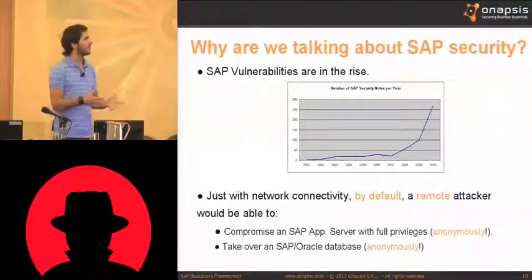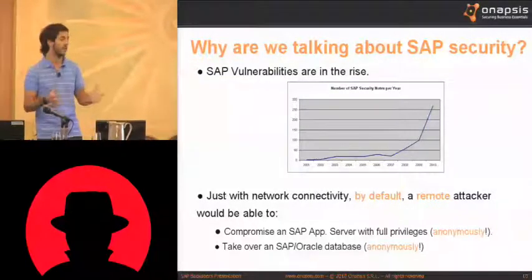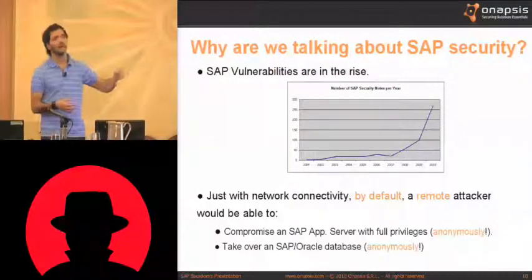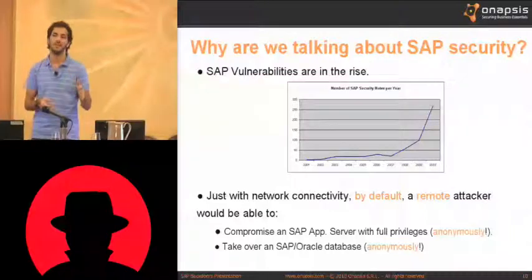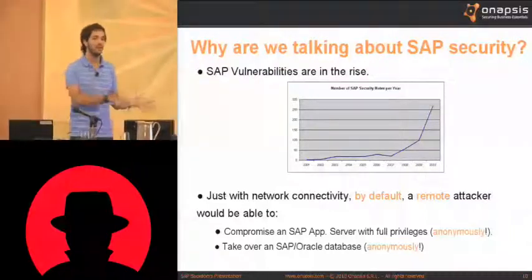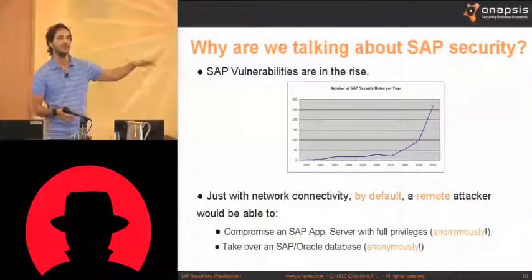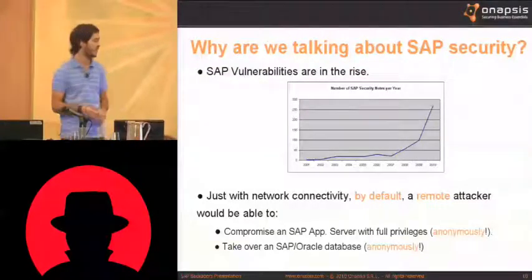Going to a technical level and explaining why segregation of duties is not enough, you should know that just by knowing the IP address of an SAP system, a remote anonymous attacker can execute operating system commands on any up-to-date SAP system that is left at default settings.